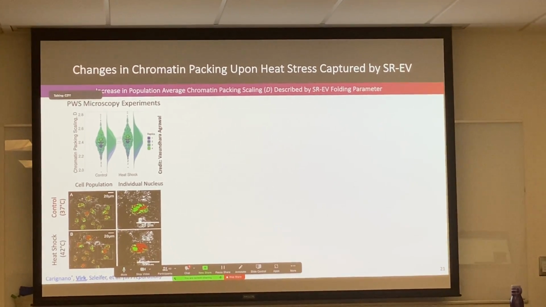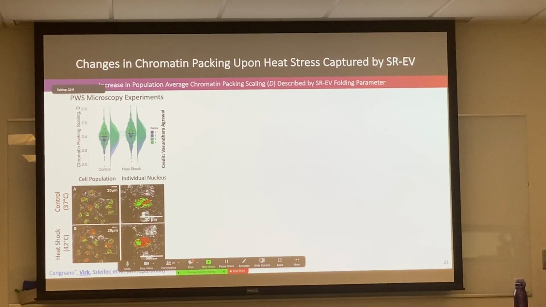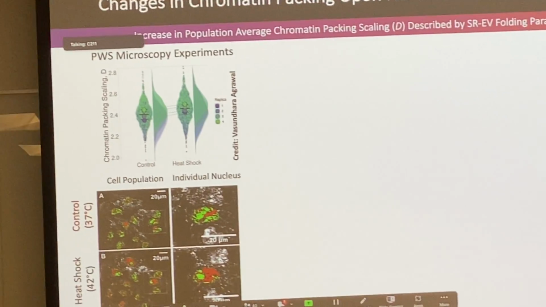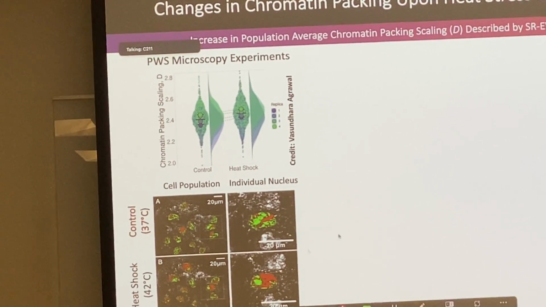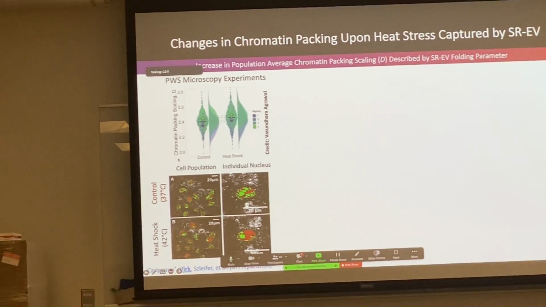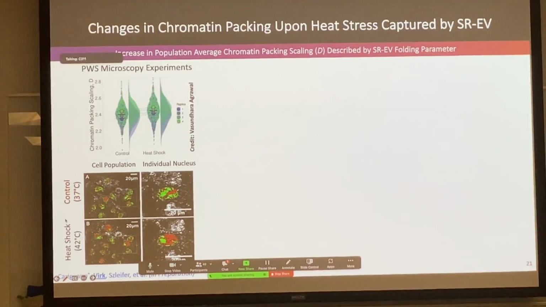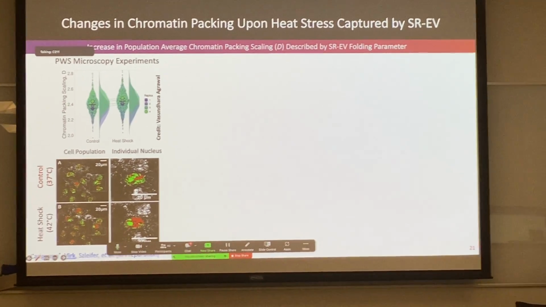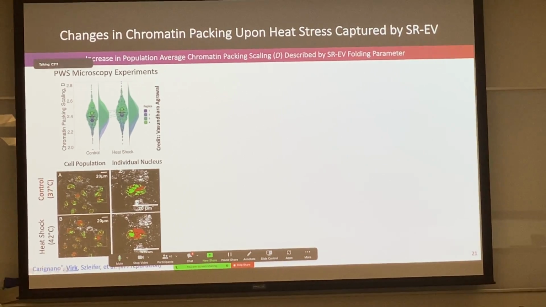First, we performed live-cell partial wave spectroscopic microscopy experiments. Vasundhara Agarwal performed these experiments where she had HCT116 colon cancer cells. We have a control population exposed to normal temperature, and then a heat shock population exposed to 42 degrees Celsius for 1 hour. And what we see here is a statistically significant increase in the average chromatin packing scaling.